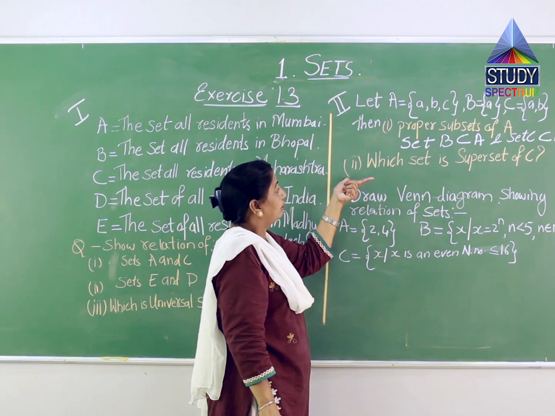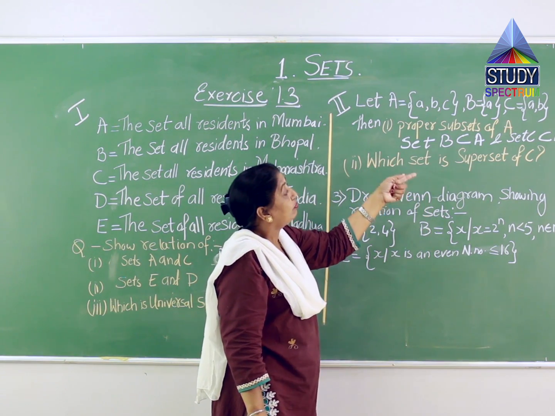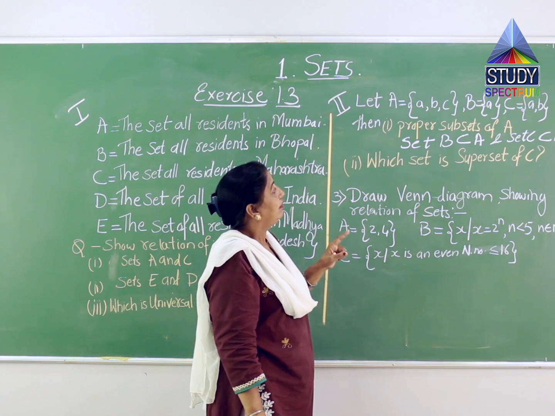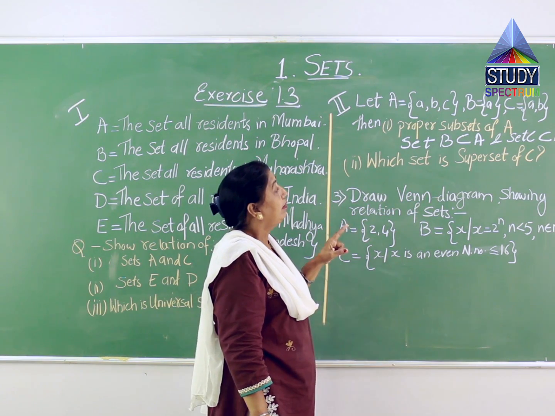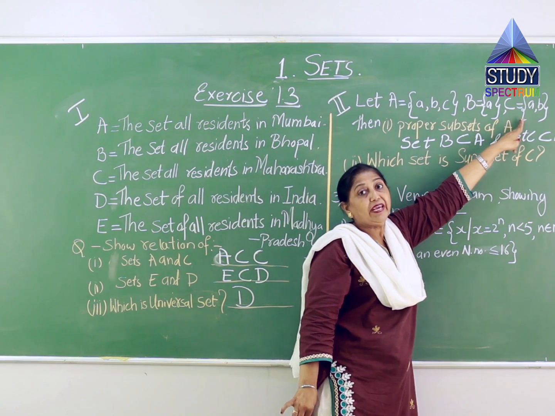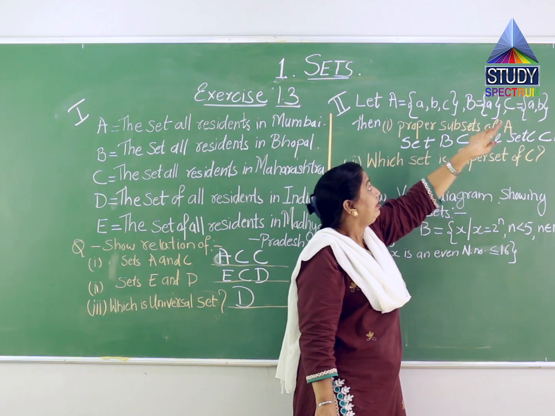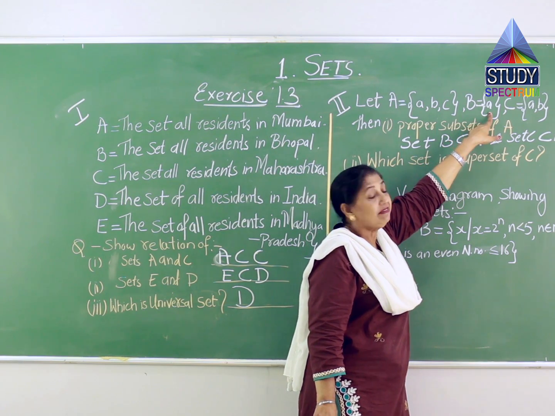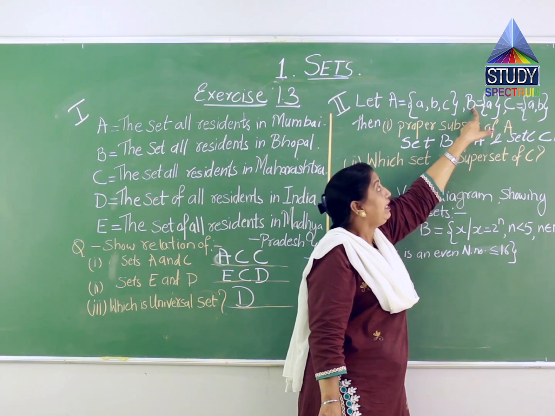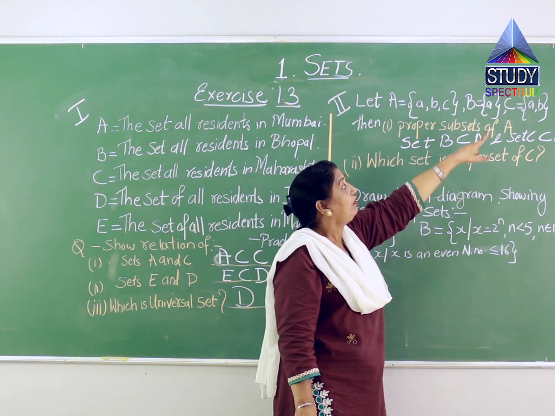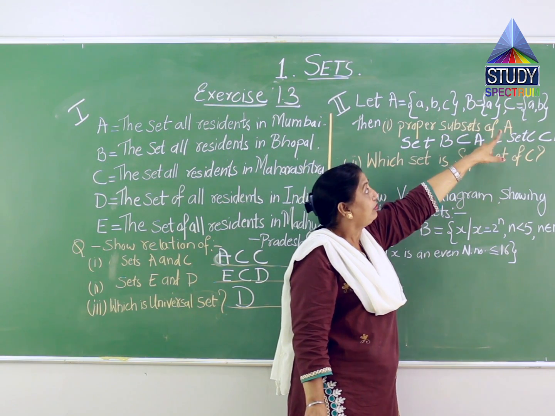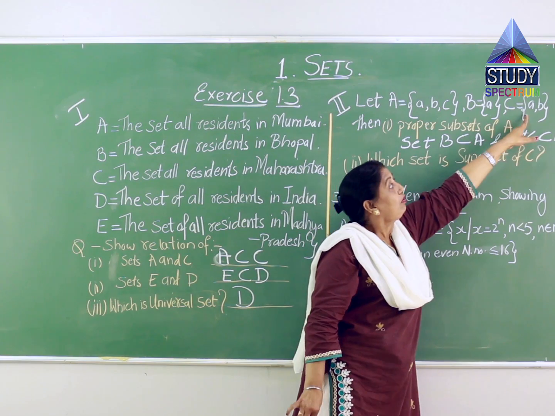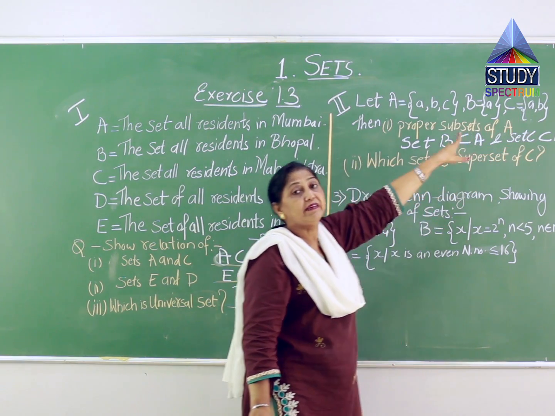Now the next question, which set is the superset of C? Now C consists of a and b, two elements. We'll see in B set. Is there b present in this set? No. So B can't be the superset of C. We have to see a set which consists of all these, then only we can say a superset.